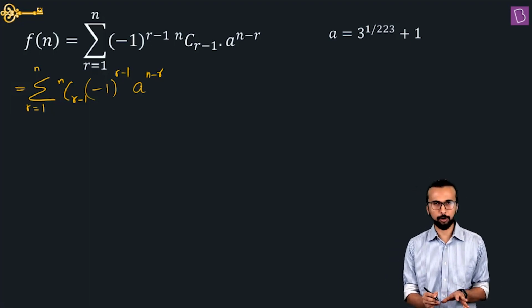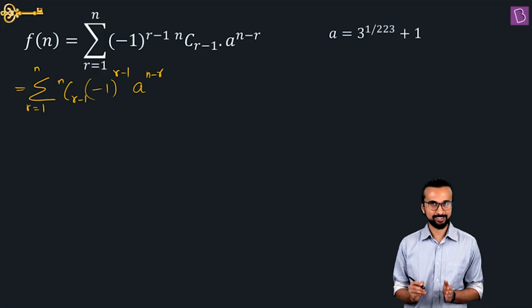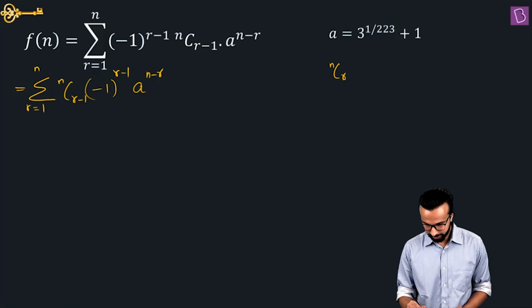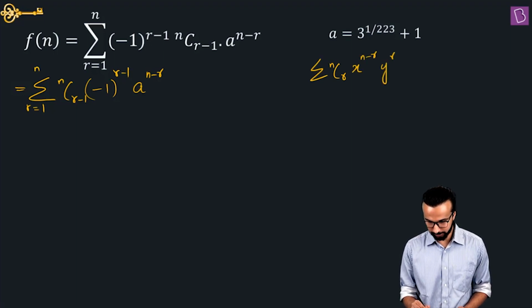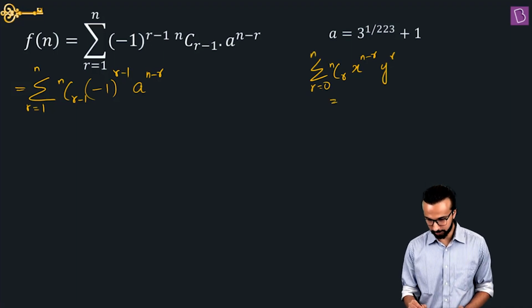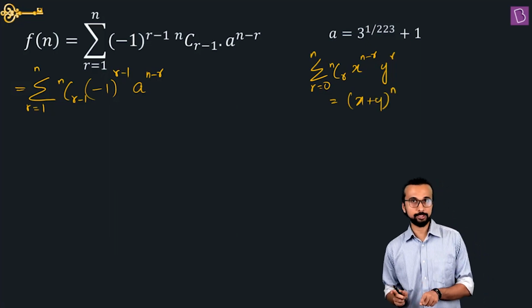Okay, this form almost looks familiar, doesn't it? Right. So if I have nCr x power n minus r into y power r, sigma r equal to 0 to n, this is nothing but the expansion of x plus y raised to n. Alright, so we'll be using that here.